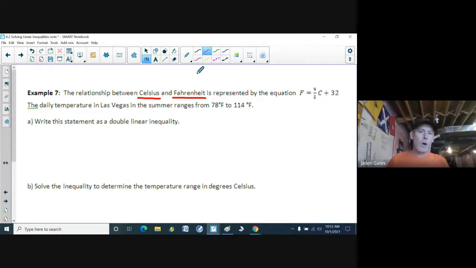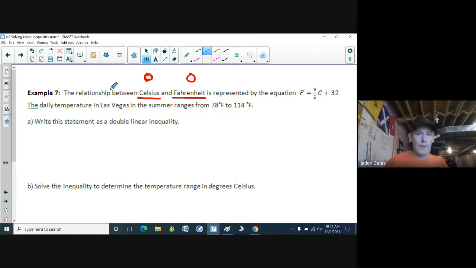I always wondered what's the difference, because Celsius, we do that in Canada, and Fahrenheit, they do that in the United States. 0 degrees Celsius is the freezing point of water. 0 degrees Fahrenheit is the freezing point of salt water, brine water. So that's the difference. I didn't know that until last year.